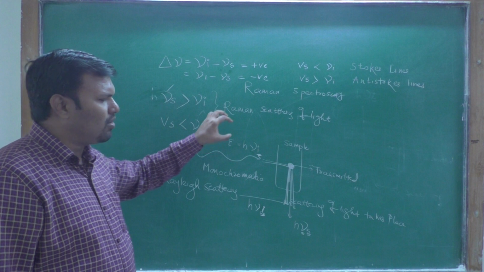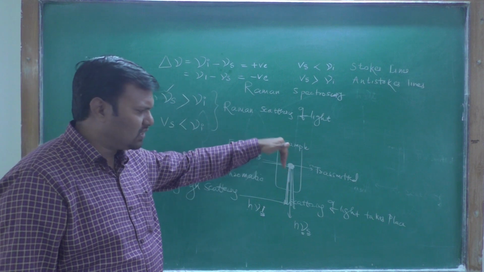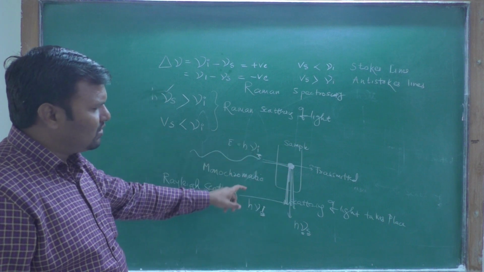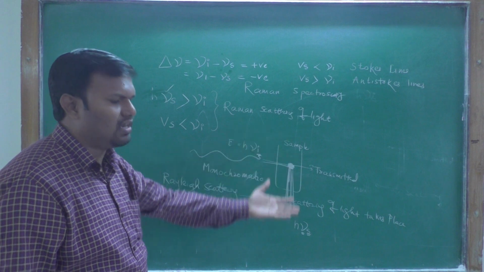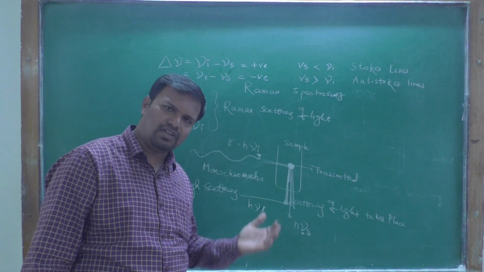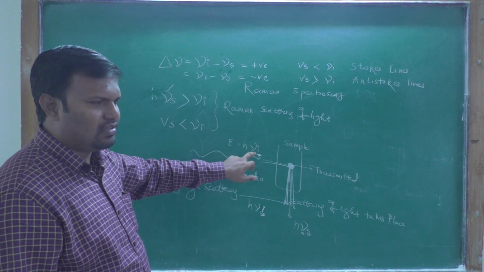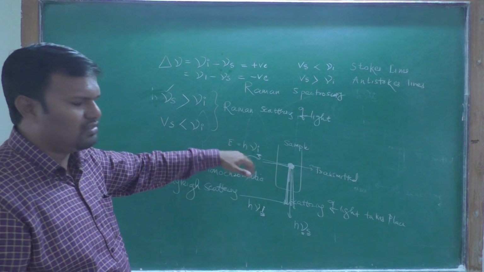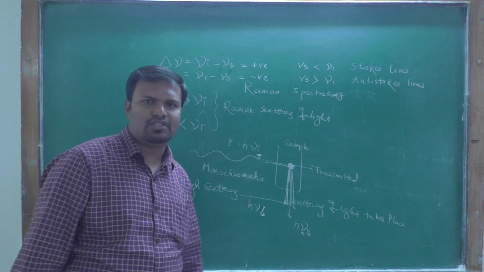When a photon of light strikes the sample, the scattered light has the mu I frequency, and other frequencies are also observed. It may be more than the incident frequency, or less than the incident frequency.